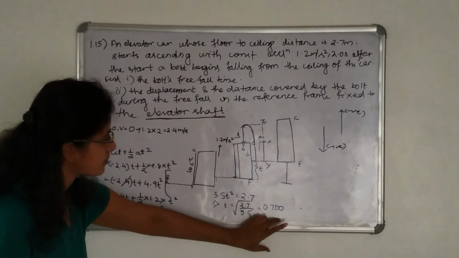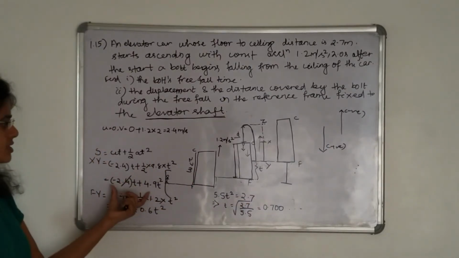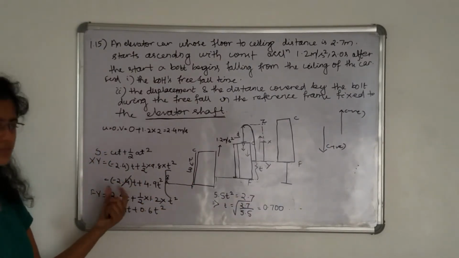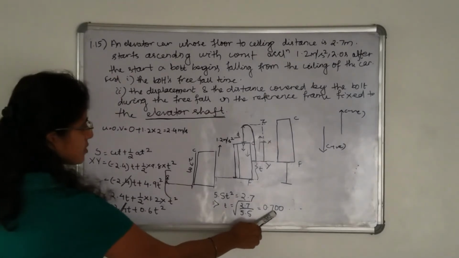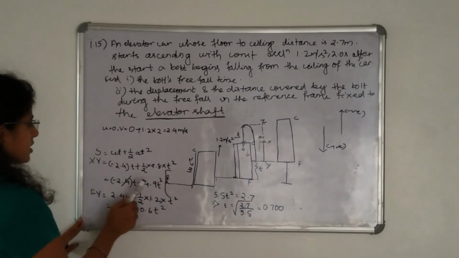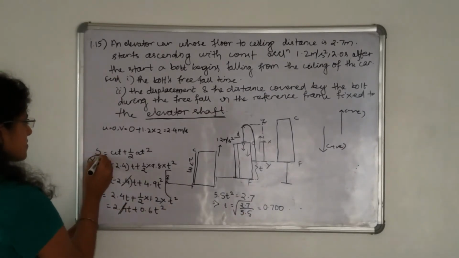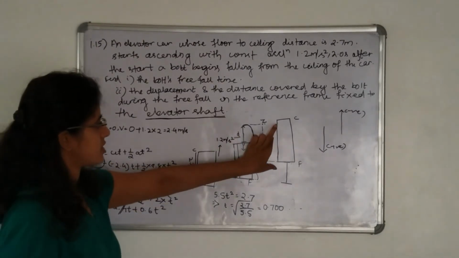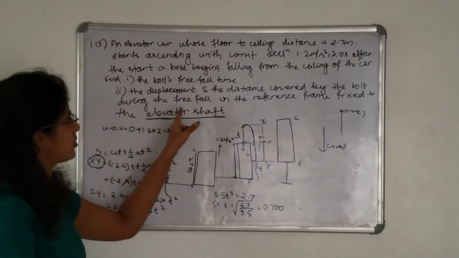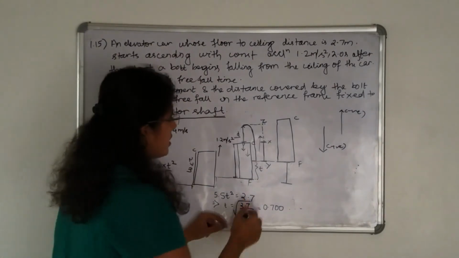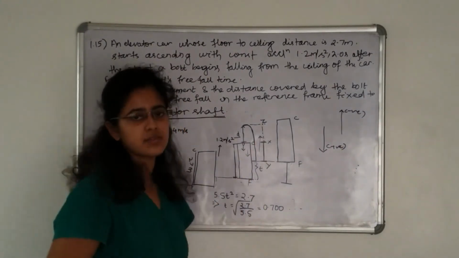So simply you have to put this t in this equation. By putting 0.7 in this equation, you can find the displacement xy covered by the board during the free fall, that is you can find this xy length.